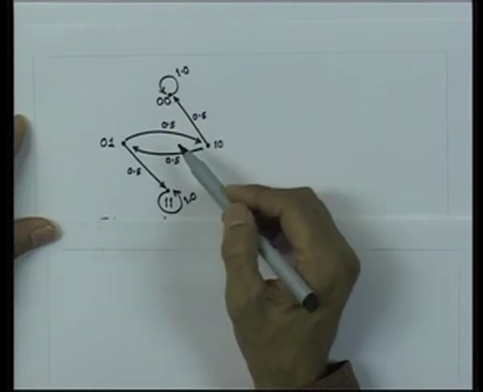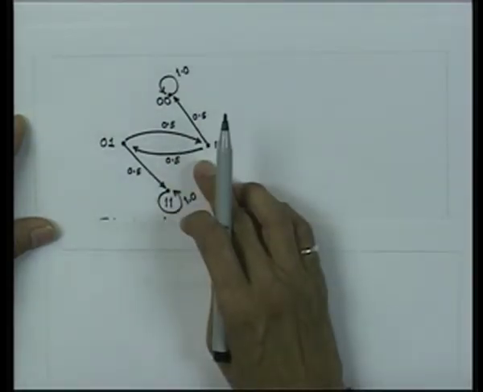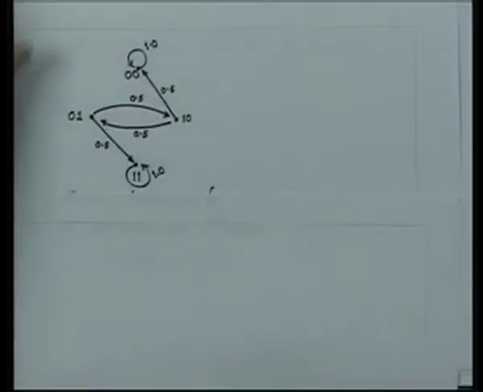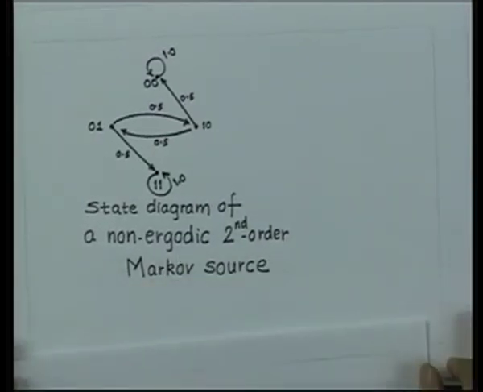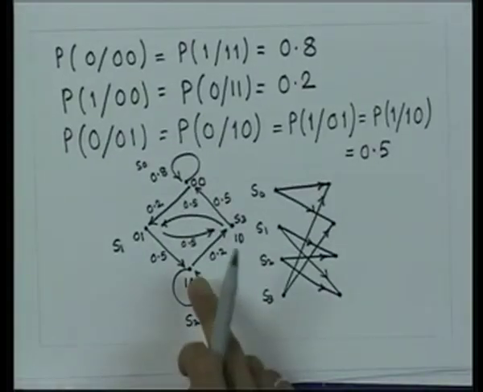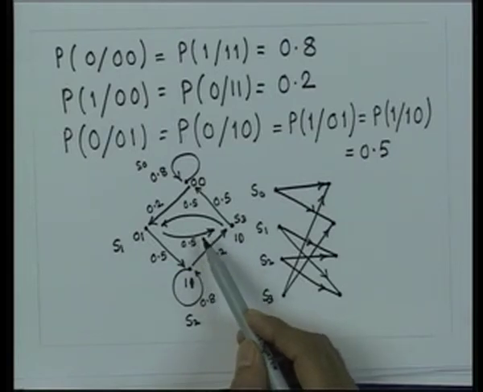Technically we would say that this is a state diagram of a non-ergodic second order Markov source, whereas this state diagram is for a second order Markov source, but this is ergodic.